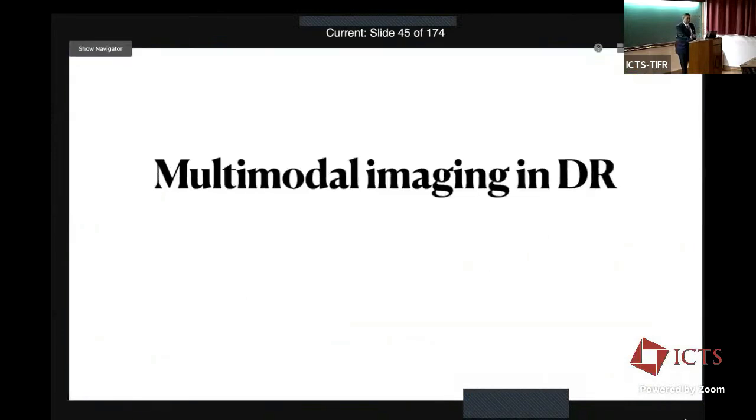Recently, a lot of work has been done on multimodal imaging, and that's something which is in our clinical practice today. The purpose of sharing this information is that, as engineers, when you are trying to develop these algorithms, people now talk about multimodal imaging. It's not only a retinal image, but a variety of other things which I'll be sharing.